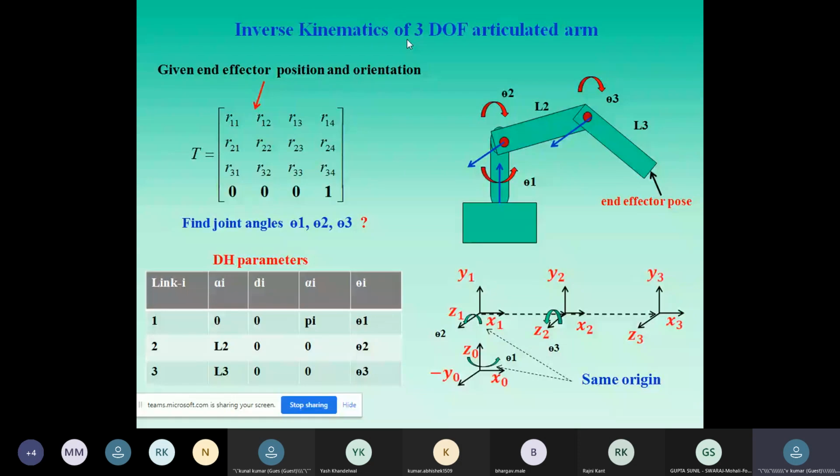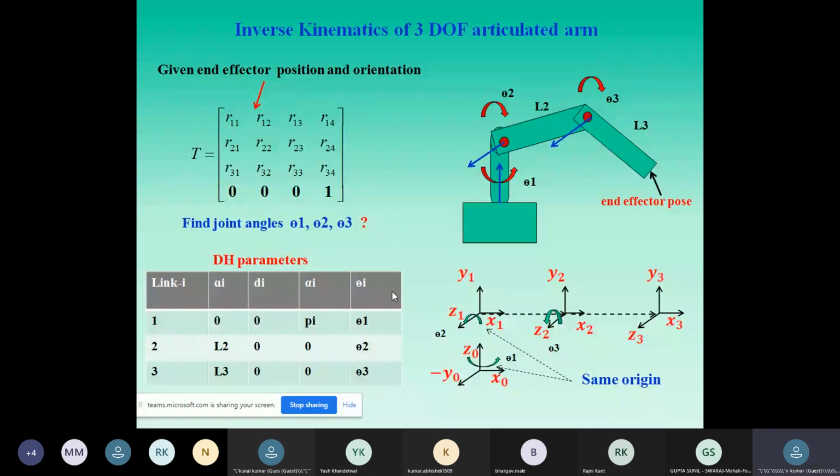So first we find the DH parameters. For finding the DH parameters, first you number the links and the joints, attach the frames, and after attaching the frames, you define the link parameters. Link parameters are link length a_i, d_i, alpha_i, theta_i, and from that we find for each link.